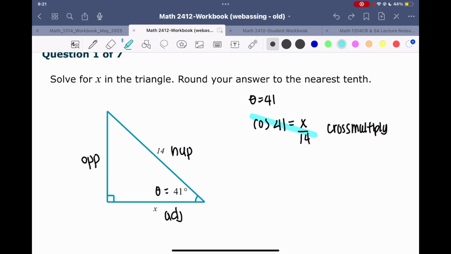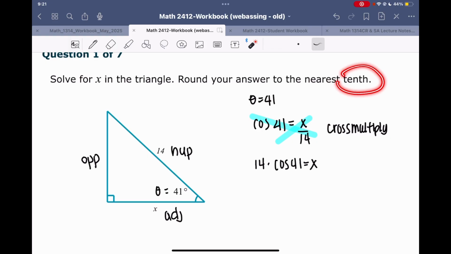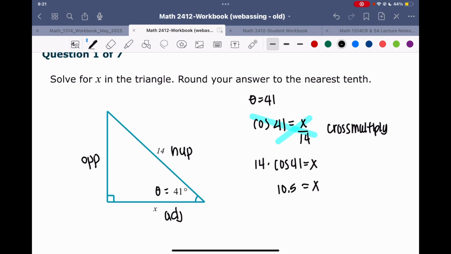So then that's going to be 14 times cosine 41 equals x. It says round to your nearest tenth. The adjacent side is equivalent to 10.56, which is approximately 10.6.